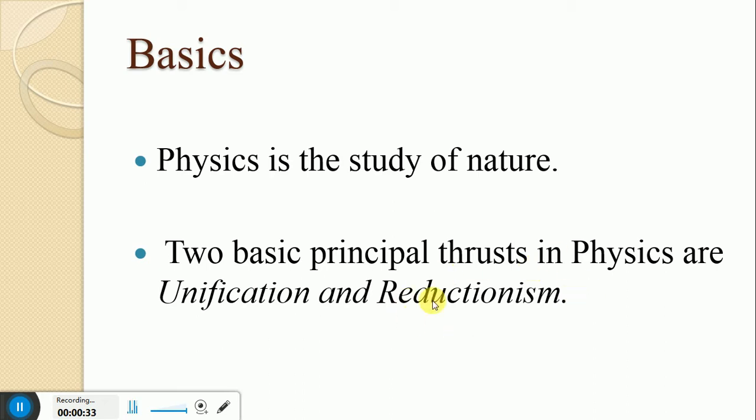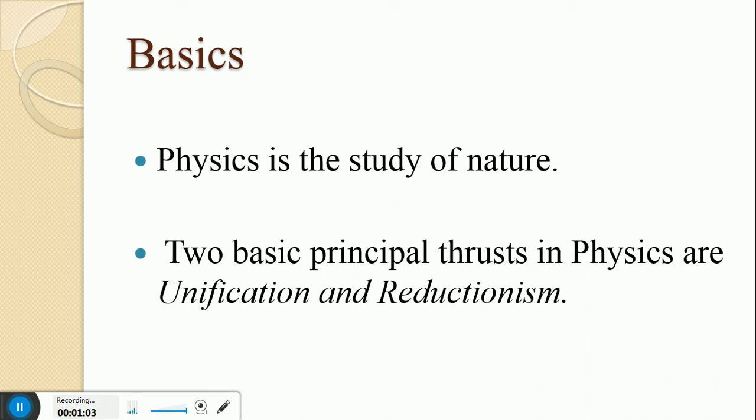The main motto behind these two thrusts is to understand different phenomena of the physical world with a smaller number of laws. That is, if you want to explain many different phenomena, you require just one, two or three laws.